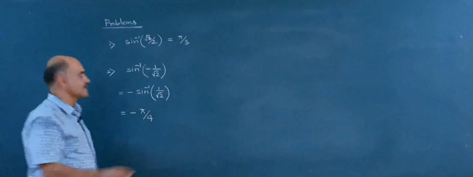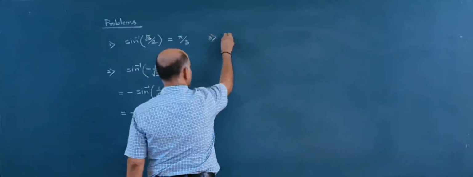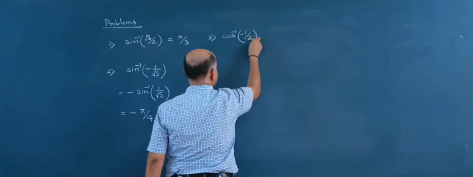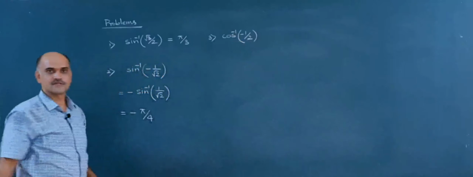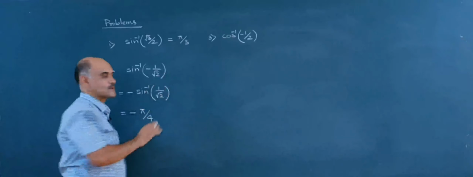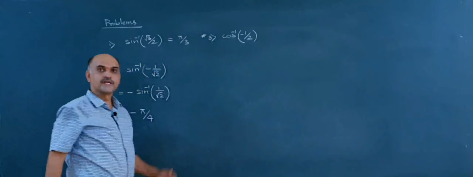Similarly, if I take another example, third one, suppose cos inverse of minus 1 by 2 is there. While telling the formula, I told that most of them go wrong in these examples.